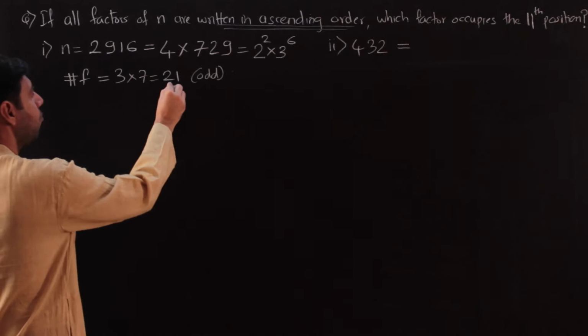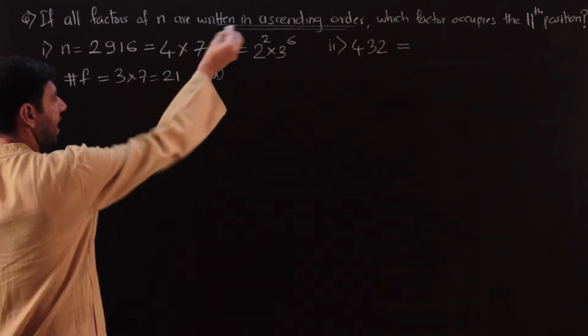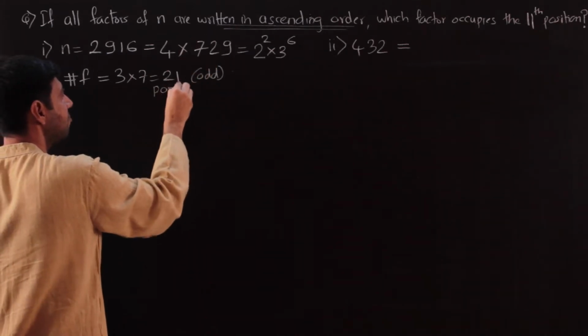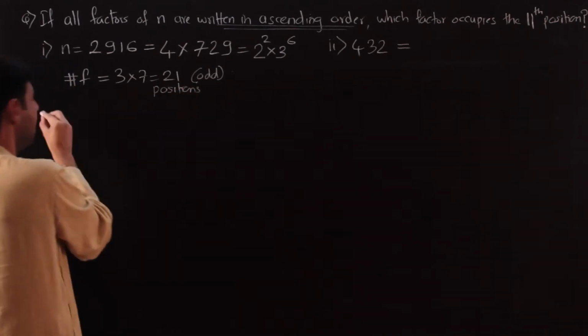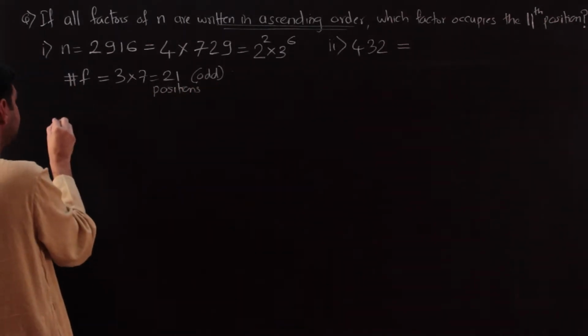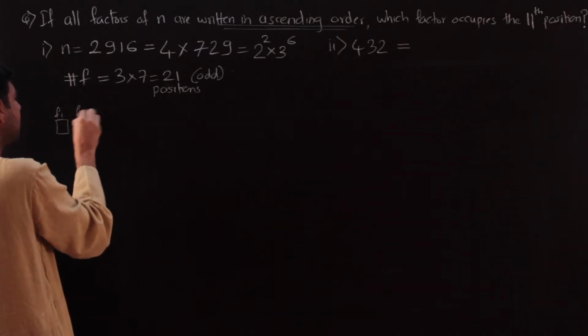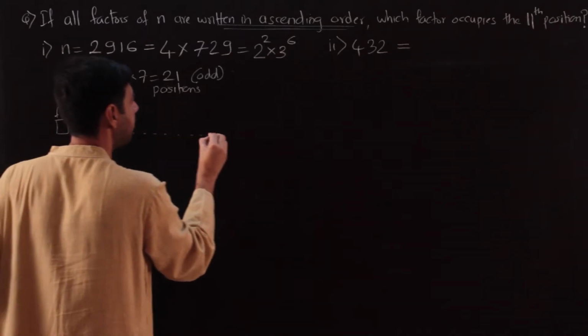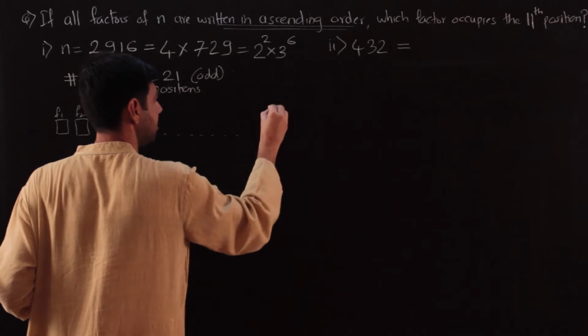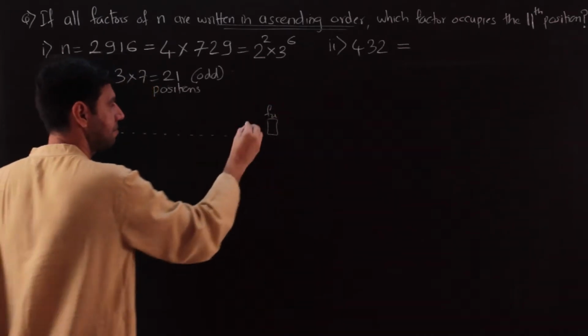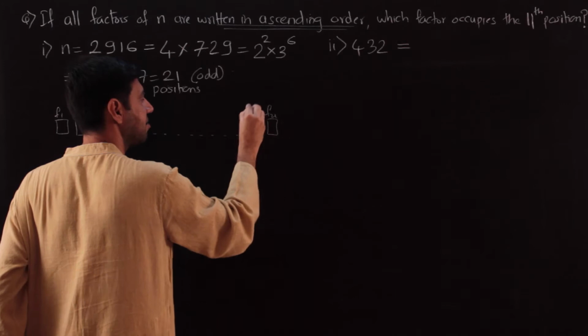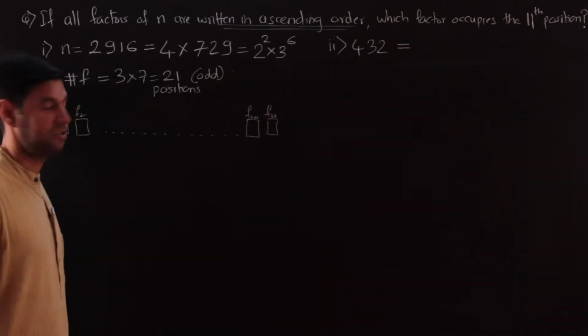Now there are 21 positions when I write it in increasing order. I'll identify the positions as F1, the first position, the second position and so on, right up till the 21st position, with the subscript.